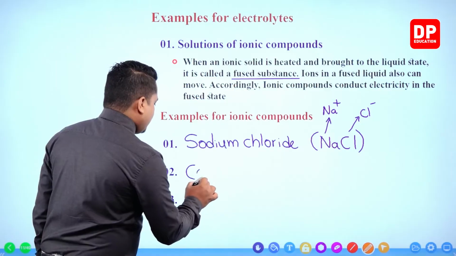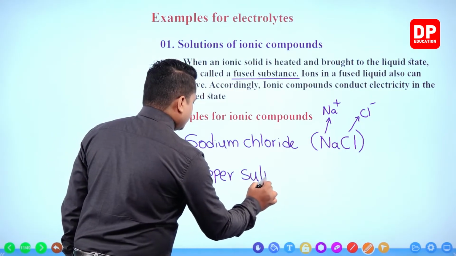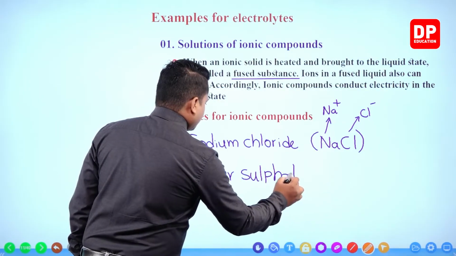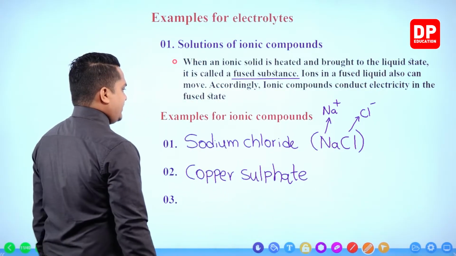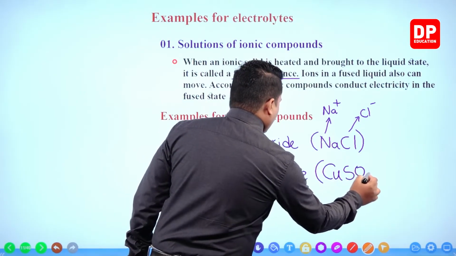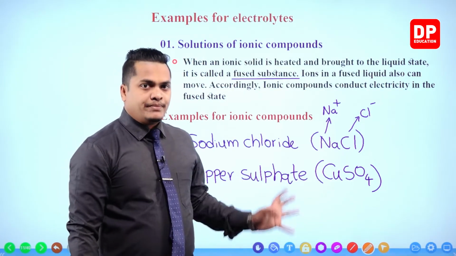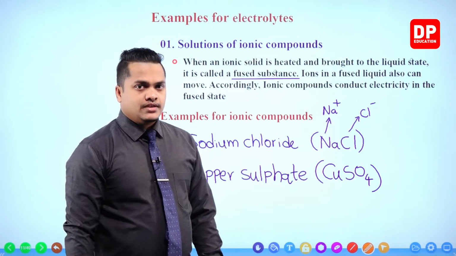Then copper sulfate, CuSO4. Here also ions are getting separated as copper plus and SO4 minus.